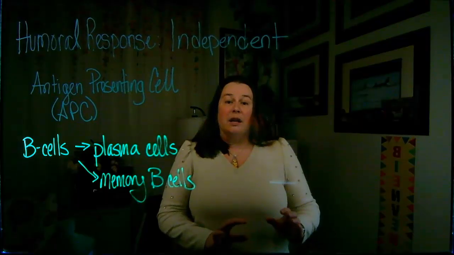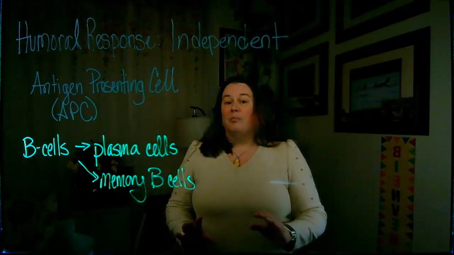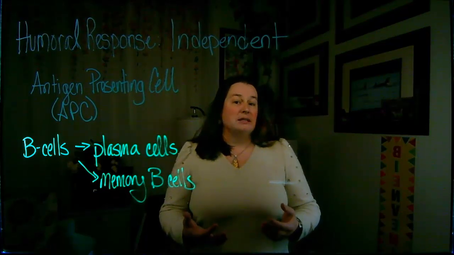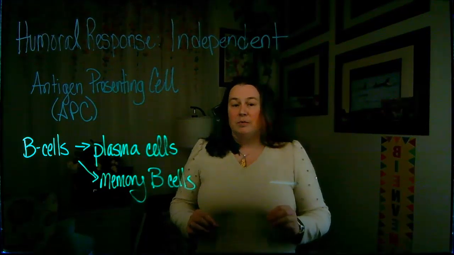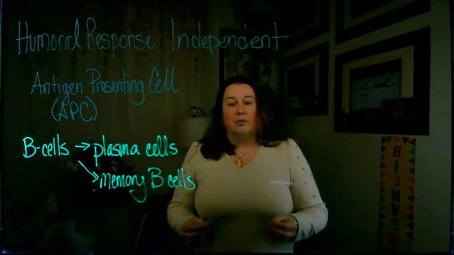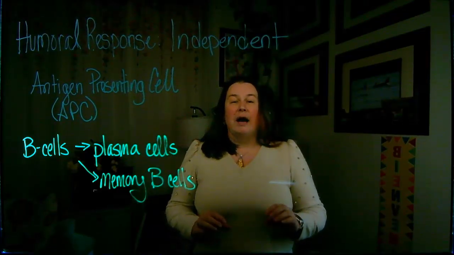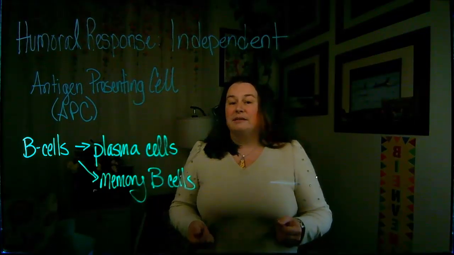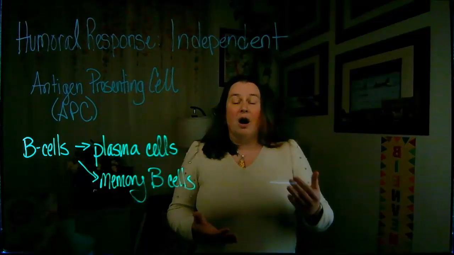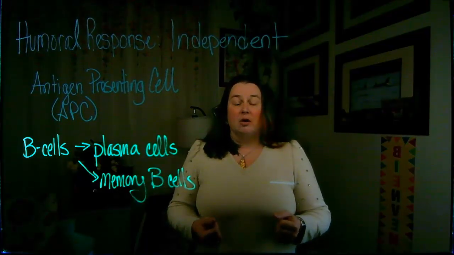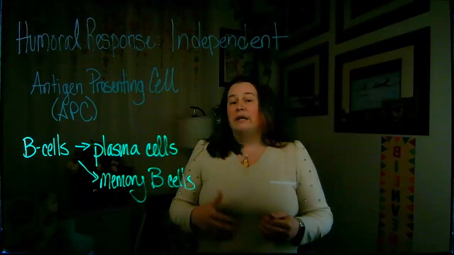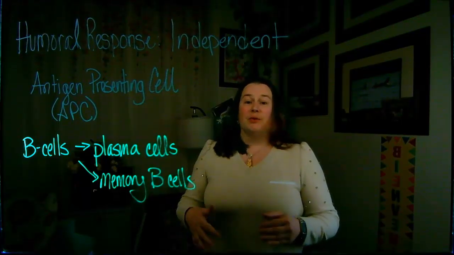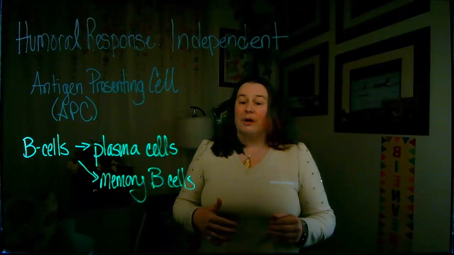Now, in another video, we're going to consider how B cells can be coordinated and activated by helper T cells, but in this situation, in the independent humoral response, we're going to look at a very elemental discussion about how B cells are able to autocrine signal or self-signal when it is time and appropriate to create antibodies, as well as creating memory cells.